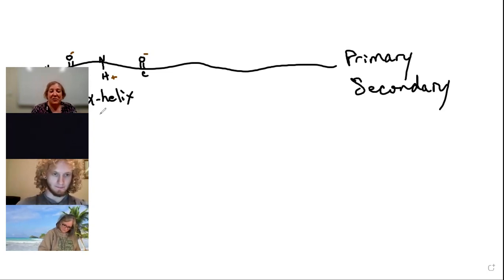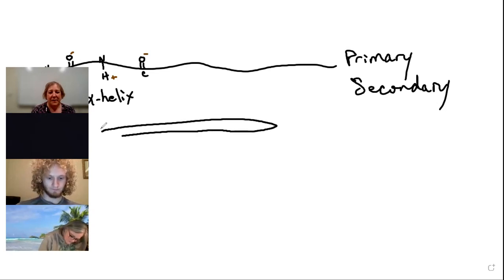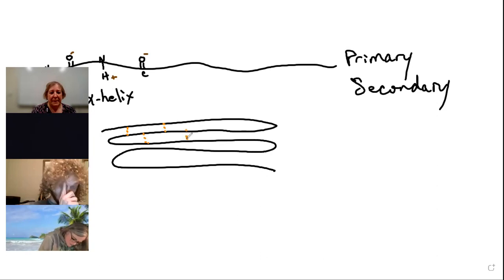Now, another structure that can form, let's say that I've got my string going back and forth, kind of like cloth. I still have these hydrogens and these oxygens that are attracted to each other. So we form hydrogen bonds between them.